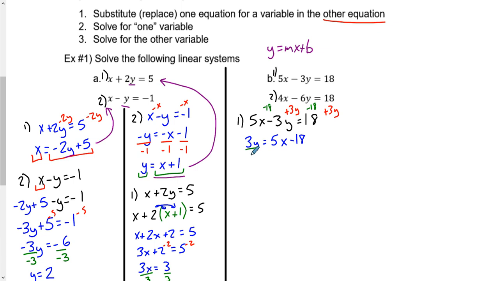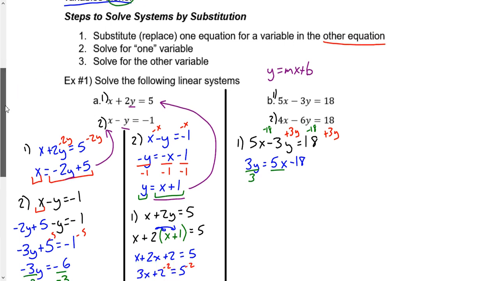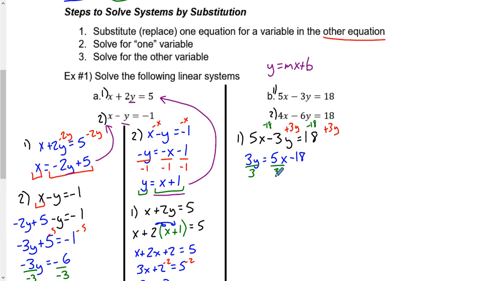And after that, I can divide by my 3 to get one of my variables alone. We need them to be alone. So dividing by that 3, the beautiful thing on there is we at least only have one fraction on this. The bad news is, oh, not plus, sorry, that should be a subtraction.